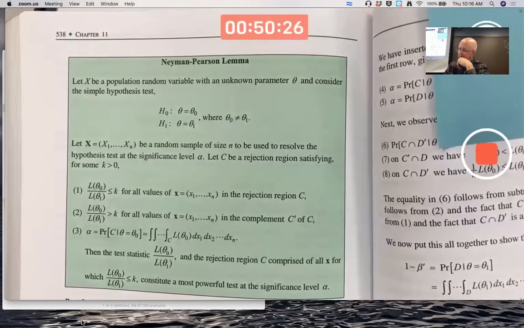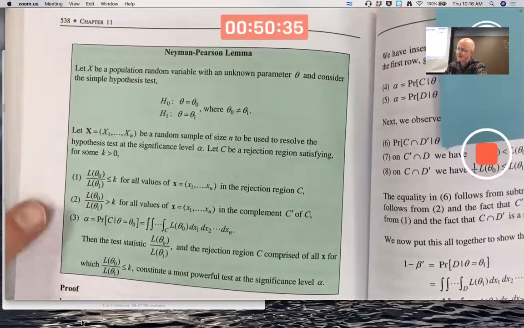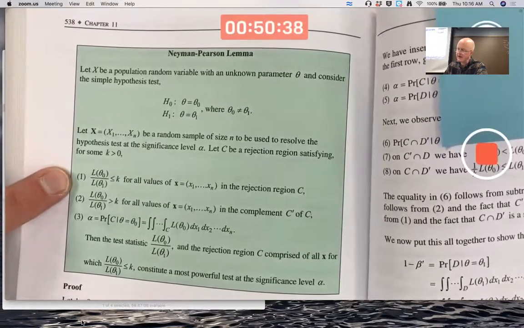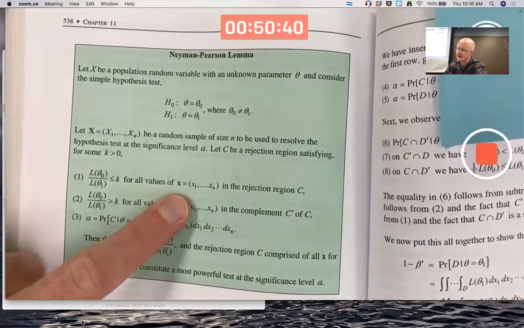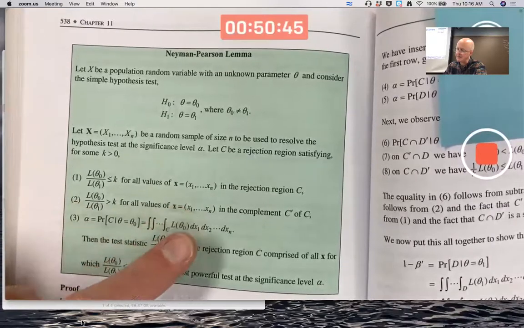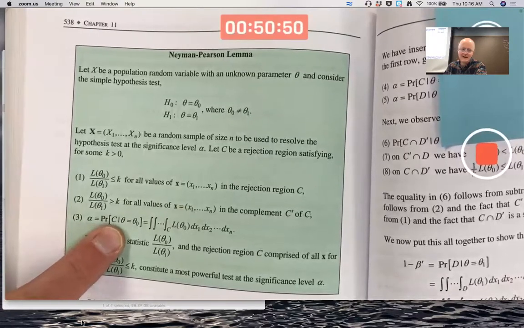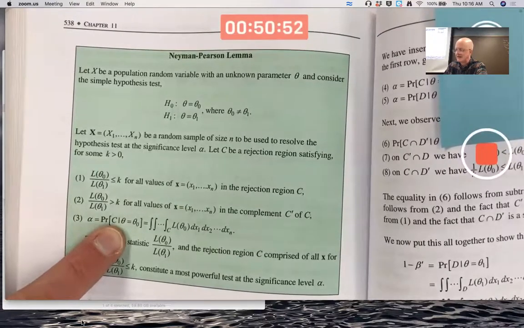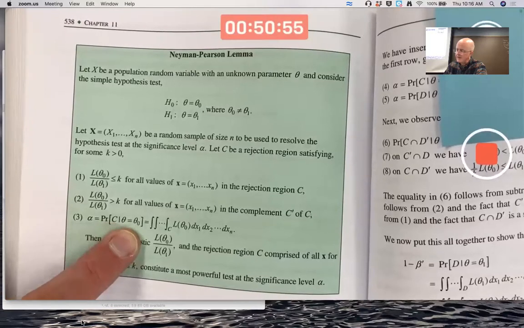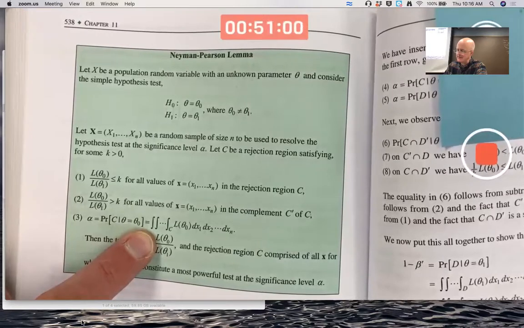Let C be a rejection region satisfying certain conditions, 3 conditions here. For some positive number k, this ratio is less than or equal to k for all points, vectors, in the rejection region, greater than k for all points in the complement of the rejection region, and alpha, the probability of C, meaning essentially that the vector x is in C, when the null is true, which does equal this n-tuple integral.